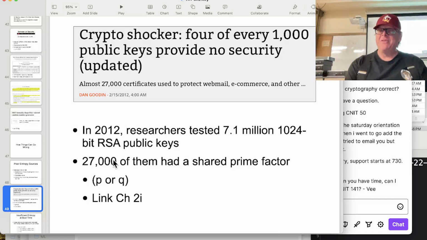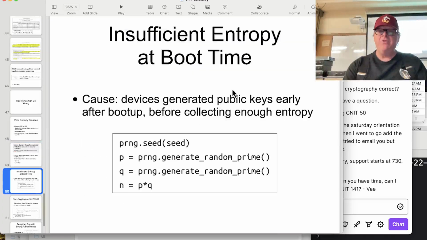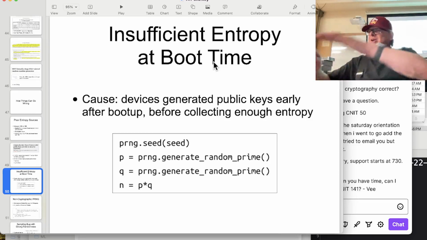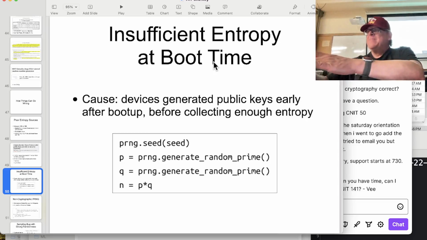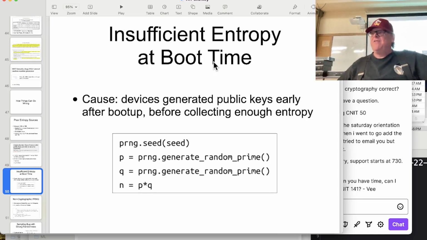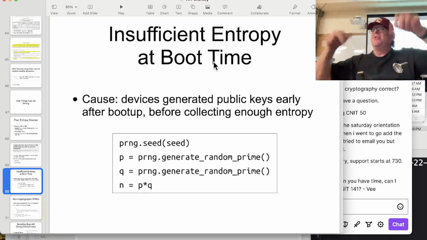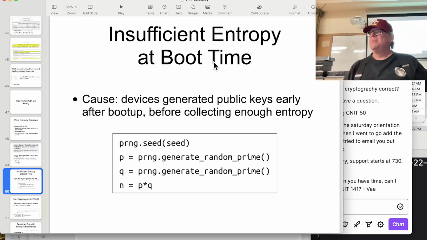So that was disturbing. And so I tried to figure out why. There are all these theories, and the ultimate conclusion that people came to is that it came from devices like firewalls, where they're all exactly identical hardware. You turn them on, they boot up, it takes so many microseconds to reach the point where it makes the random key, and there's a pretty good chance that two of them will in fact create exactly the same so-called random number, because there is no real randomness.